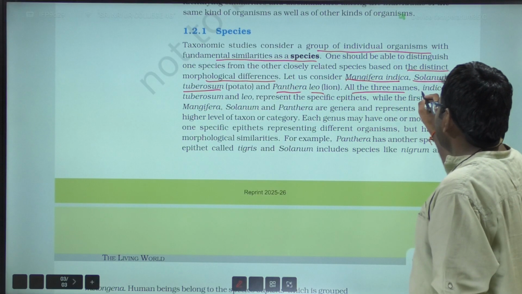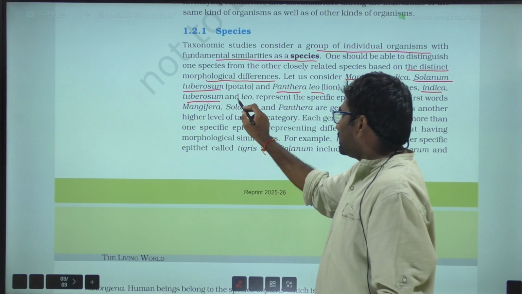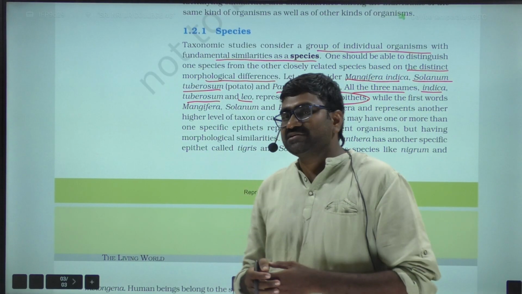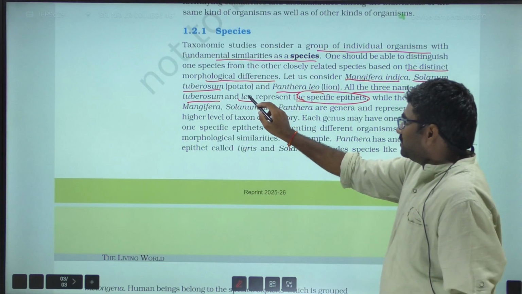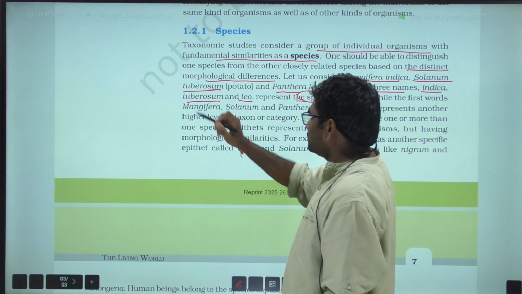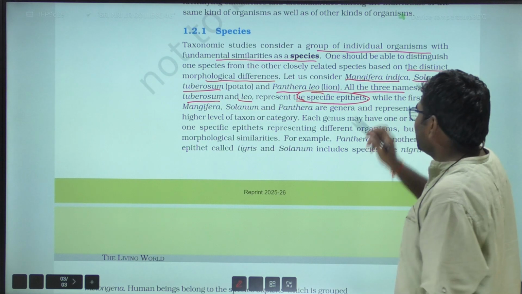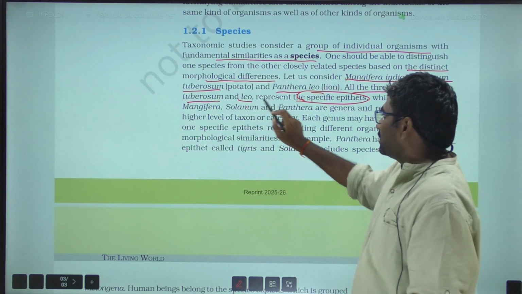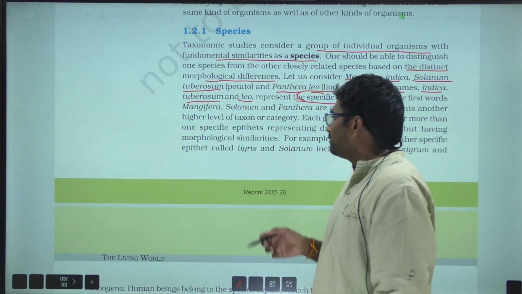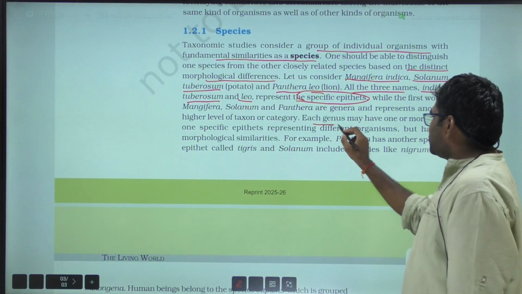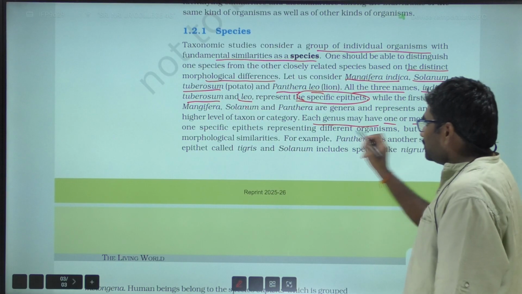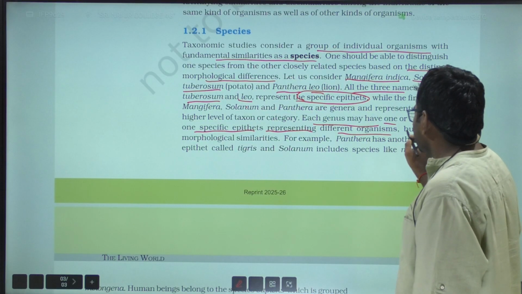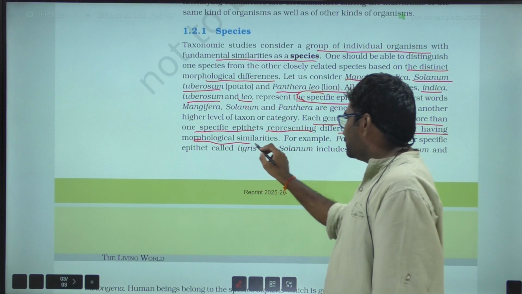All 3 names, indica, tuberosum and leo, represent a specific epithet, that is species, whereas Mangifera, Solanum and Panthera represent the genus. Each genus may have one or more than one specific epithet representing different organisms but having morphological similarities.